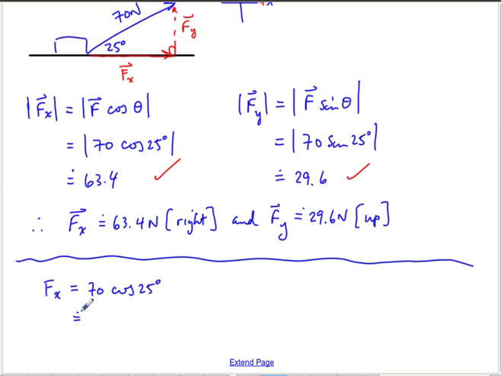And it turns out that this is still 63.4. And over here, F of y is equal to 70 sine 25 degrees, and it works out to be 29.6, which are exactly the same results as we've got before.